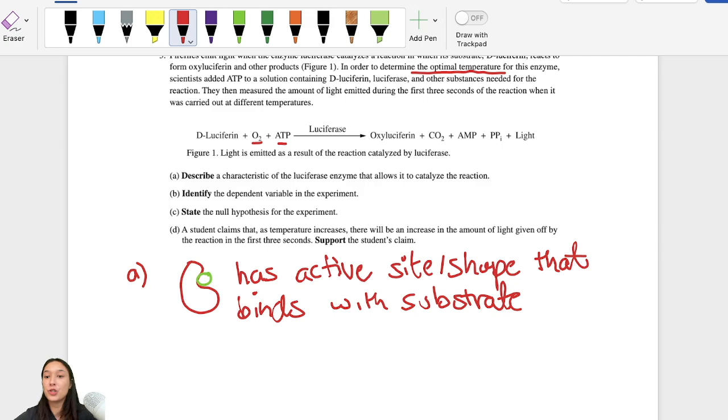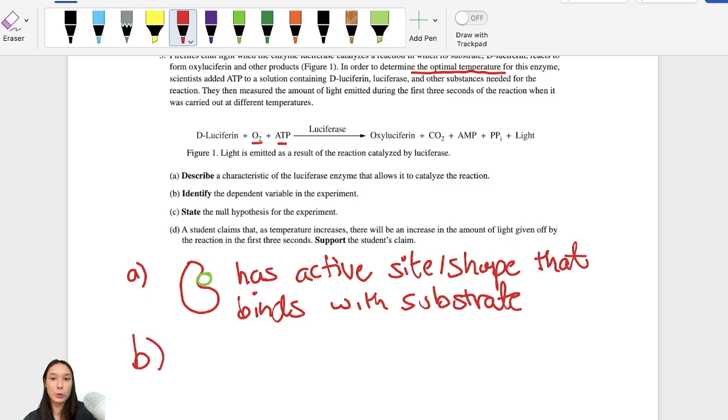Okay, so that's just a general property of all enzymes that allow them to catalyze reactions. It's because they have a compatible shape. Okay, so I think that's all you would have to say for A. Yeah, they would have accepted active site or shape that can bind the substrates, or you could have also said that bring reactants together.